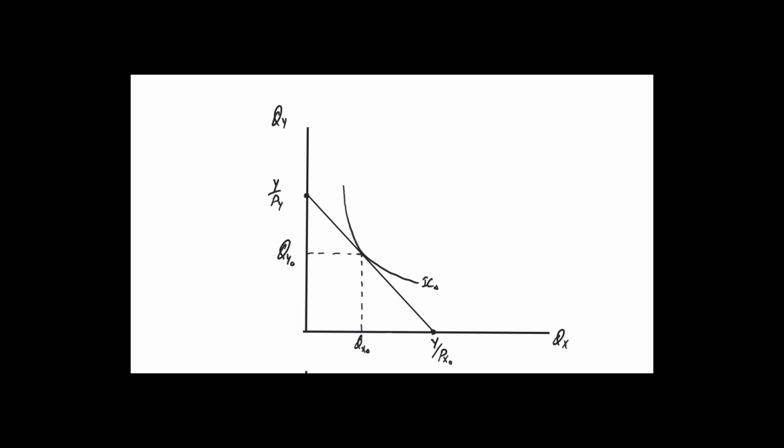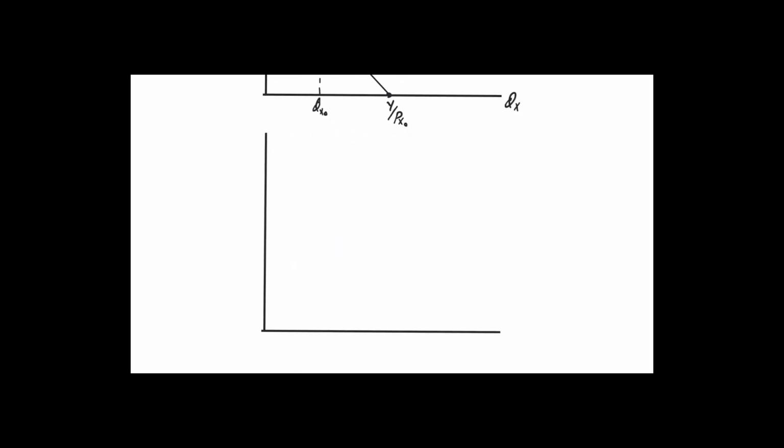Now, if I am to construct my demand curve for good X, this is what you're going to have for your X's: price of X and quantity of X. Now, the price was PX0. Let me just do a rough marking. It's PX0. What is the quantity that you are buying when the price is PX0?